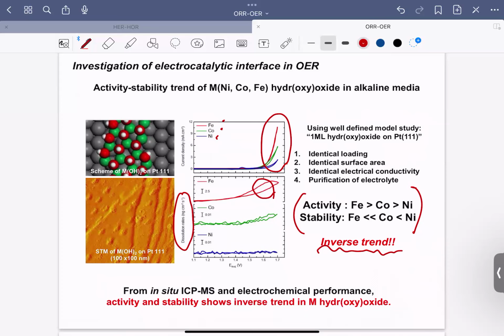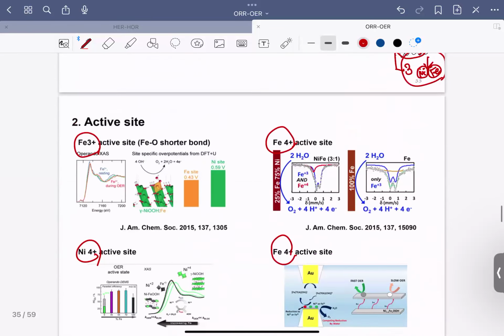The iron shows the highest activity, followed by cobalt and nickel. And what about the stability? Nickel is the most stable, followed by cobalt and iron. I realized, oh my God, this is really interesting because, as I mentioned, we would like to discuss where the active sites are in the nickel and iron, right?